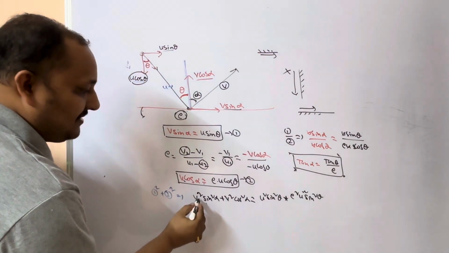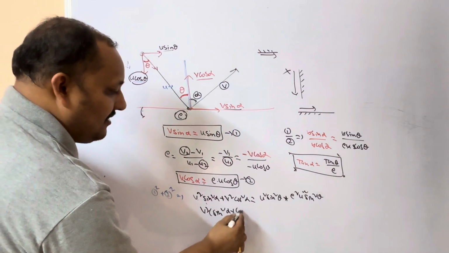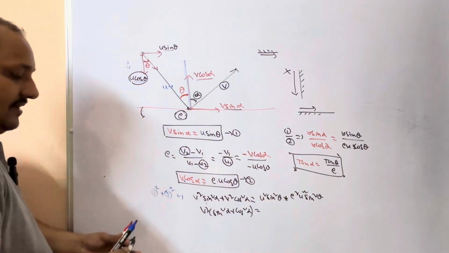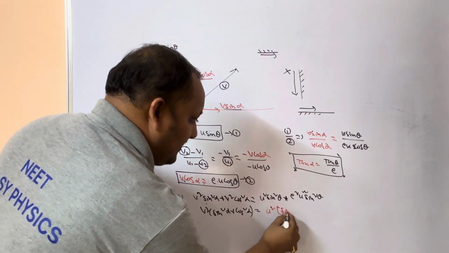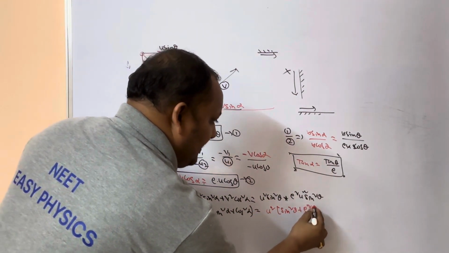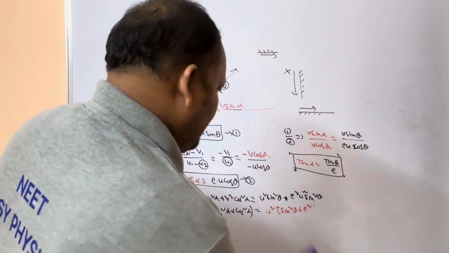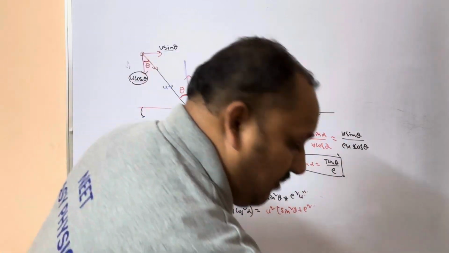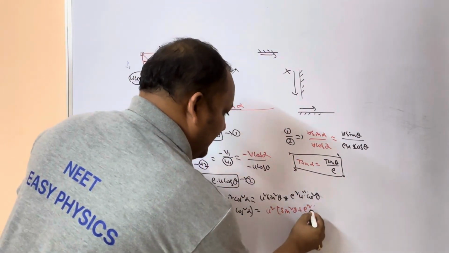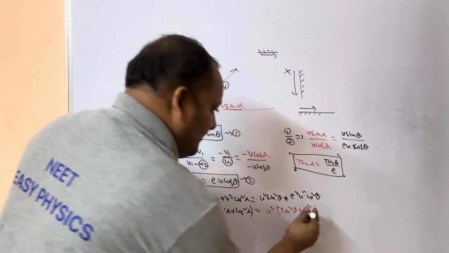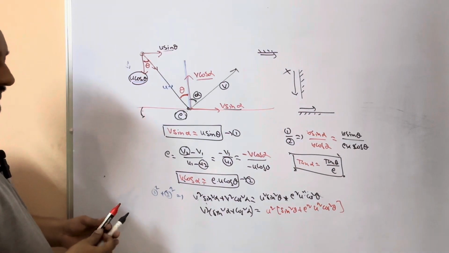In this, v squared is common on the left, sin squared alpha plus cos squared alpha, and on the right u squared is common, sin squared theta plus e squared cos squared theta.